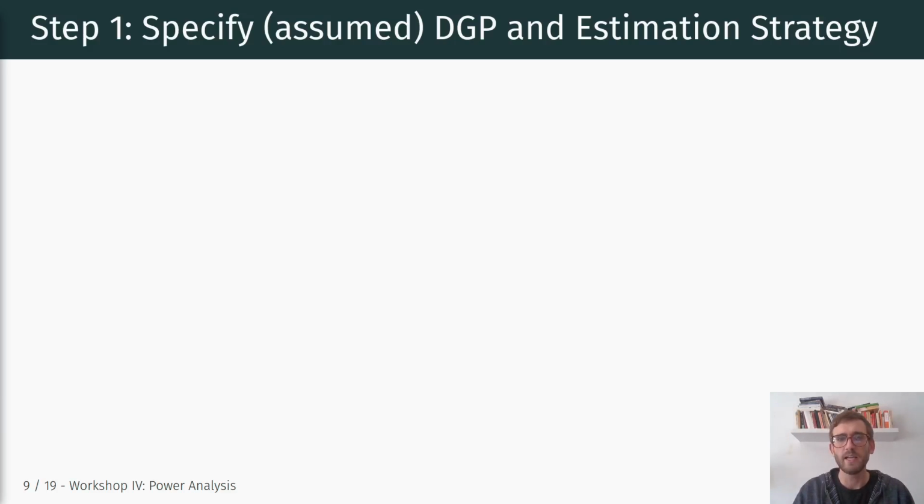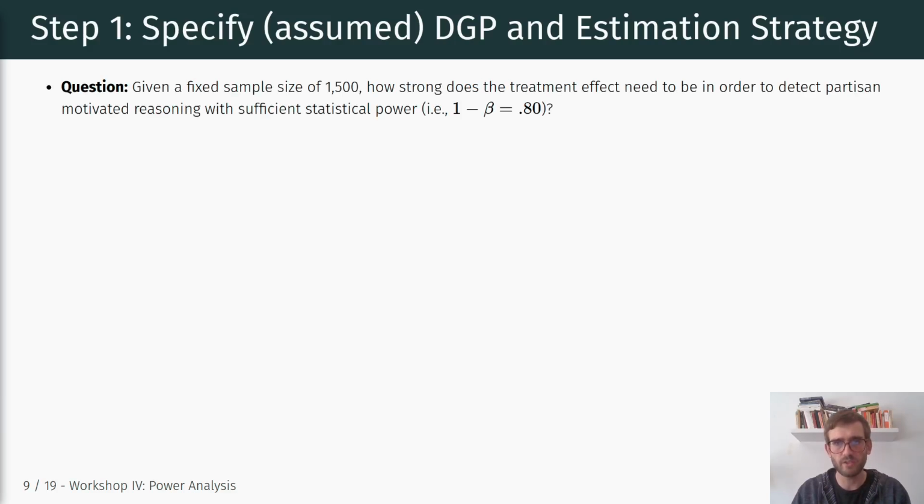And again, as I mentioned early on, the question here is a slightly different one than the conventional power analysis, where the conventional power analysis focuses on estimating the necessary sample size to achieve a certain level of power given an assumed effect size. Our question here was a little bit different because we had a given sample size that we couldn't deviate from.